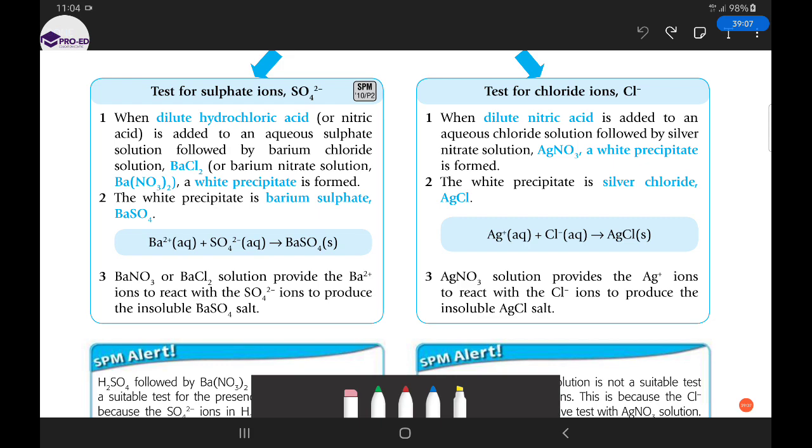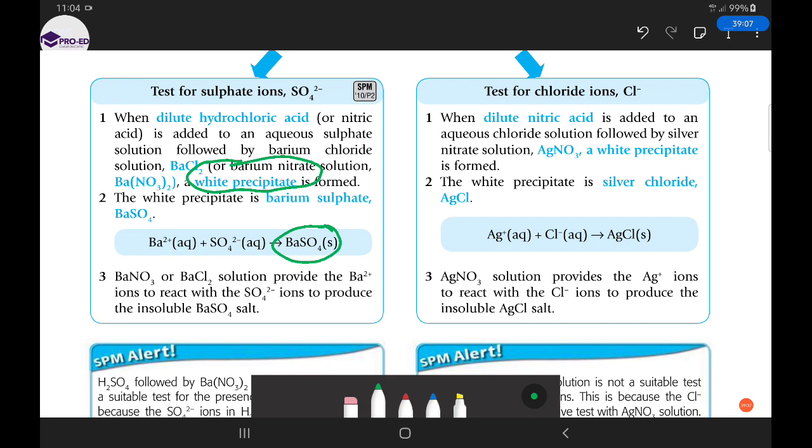Then you will see a white precipitate formed. If it's a sulfate salt, a white precipitate will form, and that proves that it's a sulfate salt. You know why? Because that white precipitate is actually barium sulfate. Only barium sulfate forms a white precipitate.